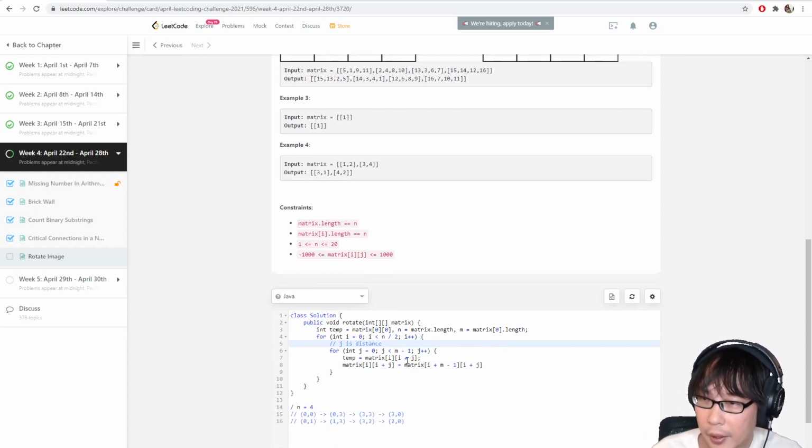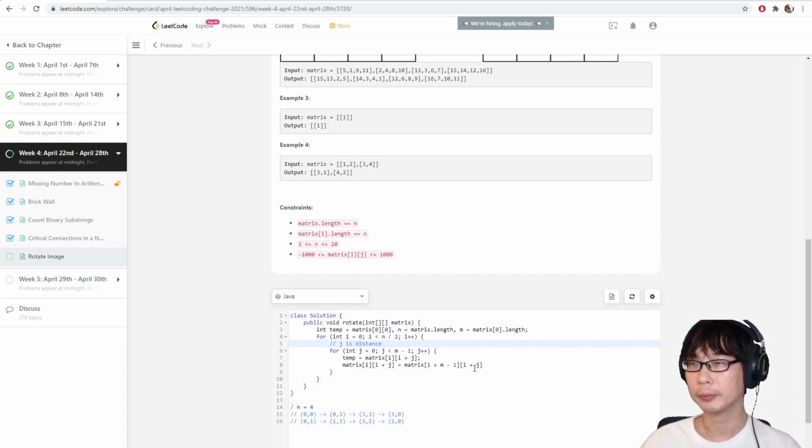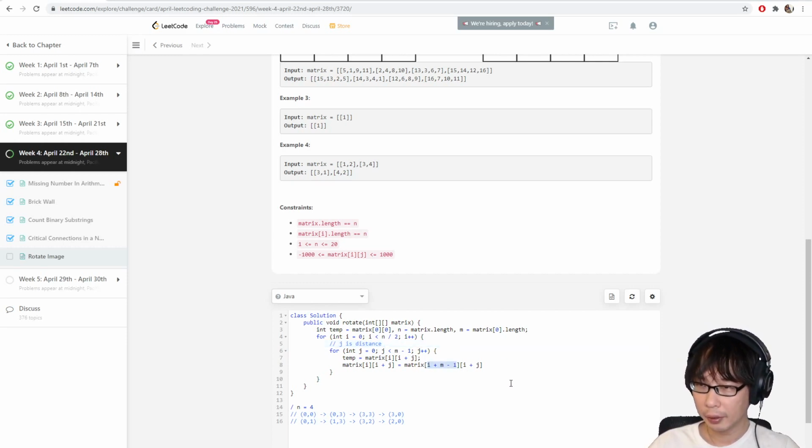So I save this, and then the distance from the 0 column, so the same column, and the length, so you're always going to move from the same column and the length minus 1.